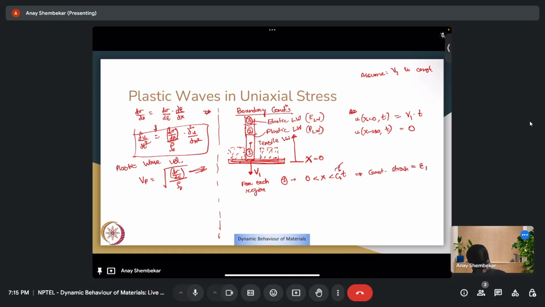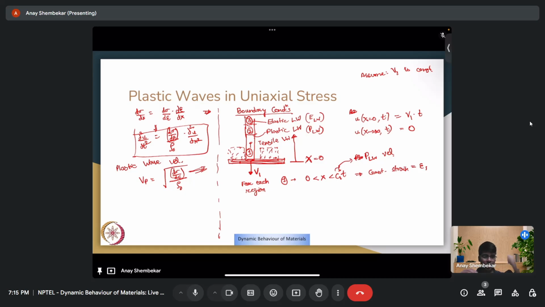Once the rigid plate starts moving, it will induce a plastic strain, and that plastic strain will have a constant value. The maximum value of the plastic strain will reach some value, say epsilon 1, and that is what we are assuming will be constant throughout region 1.